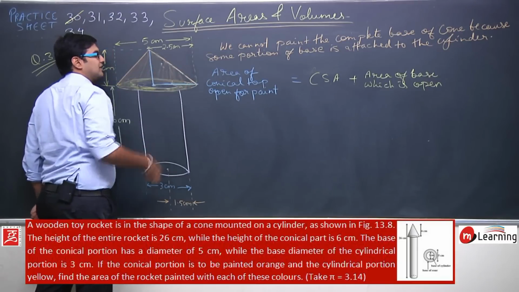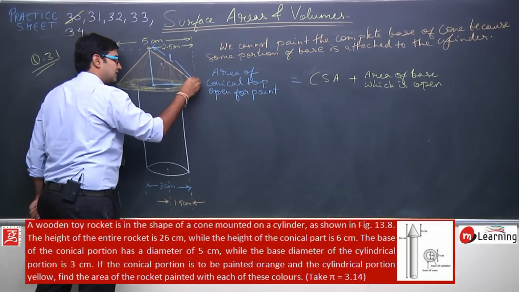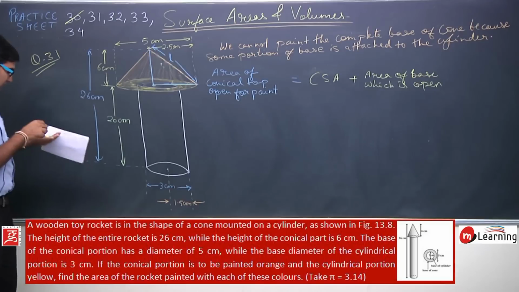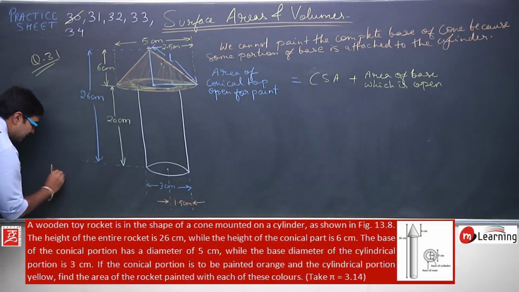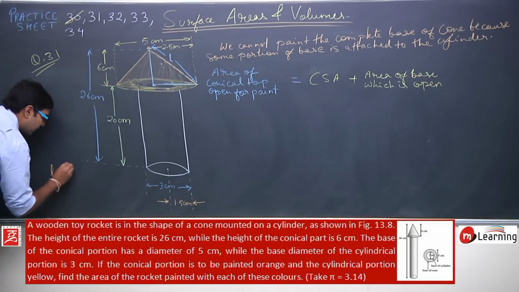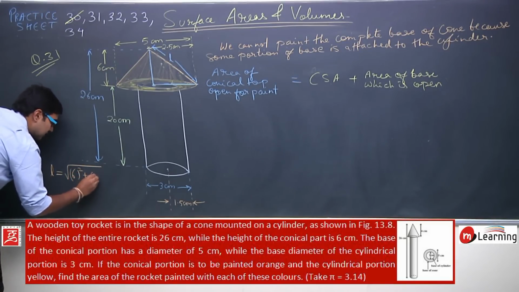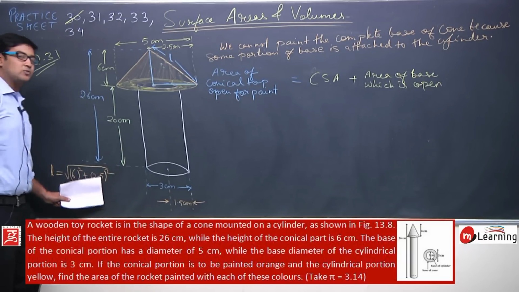So this slant height L, this length L, I can write here. L, the slant height of this conical top, will be equal to square root of 6 square plus 2.5 square. Now why 6 square plus 2.5 square?